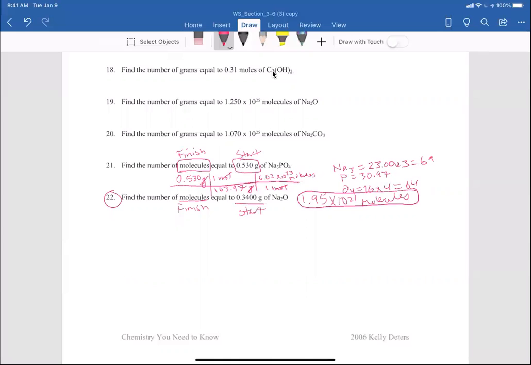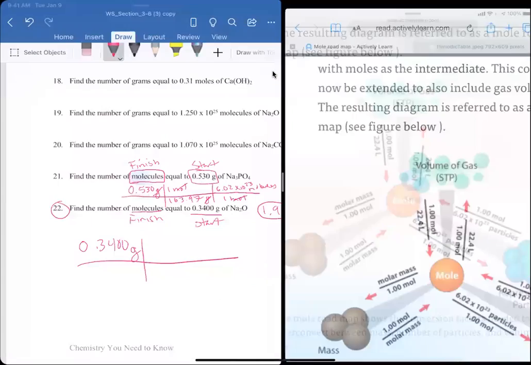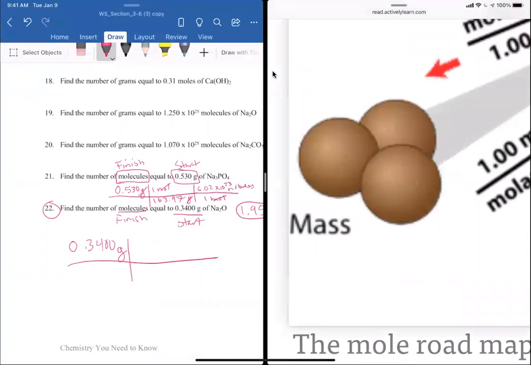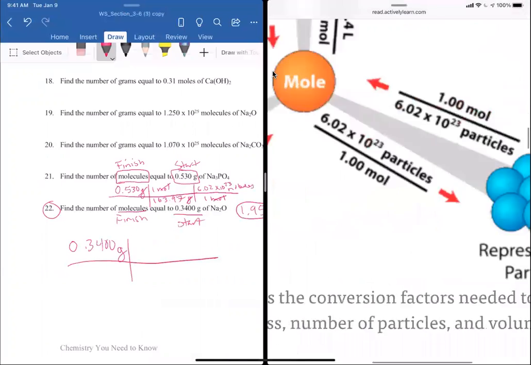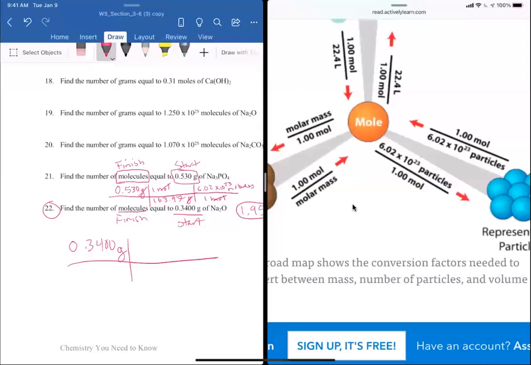So we're going to write what we start with, which is 0.3400 grams. We are going to start in the mass, and we're going to finish in molecules. Remember, there's no straight conversion from mass to molecules. So we have to go up to moles, and then from moles, we can go down to particles.